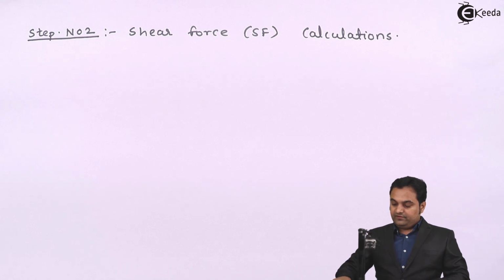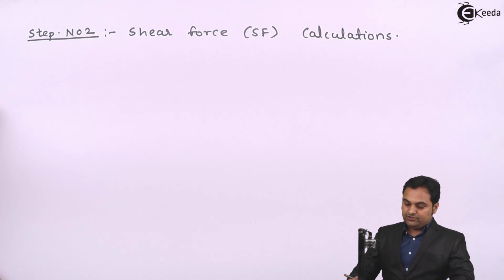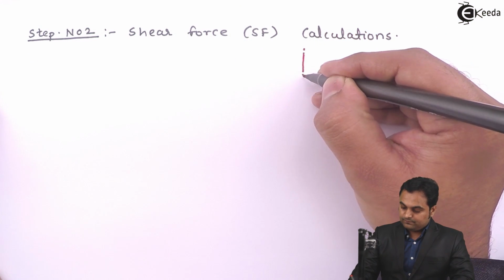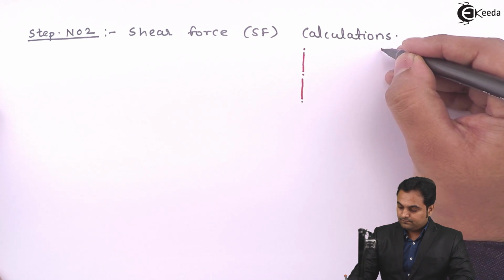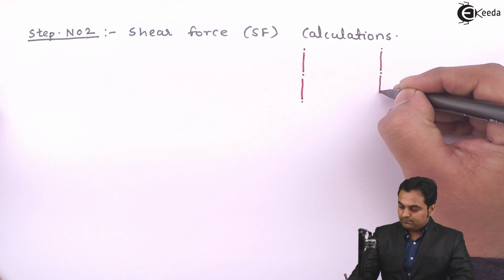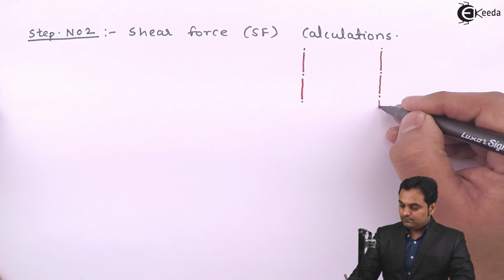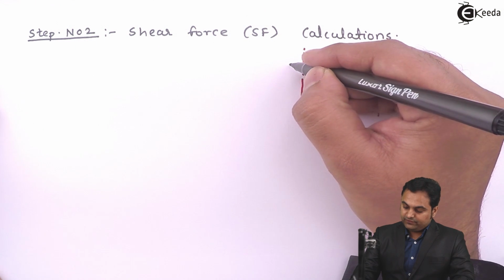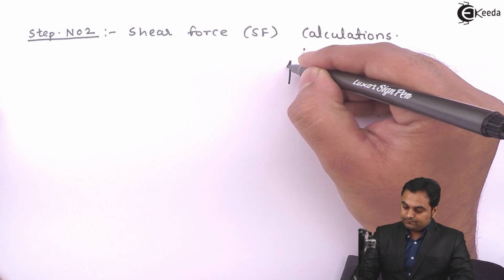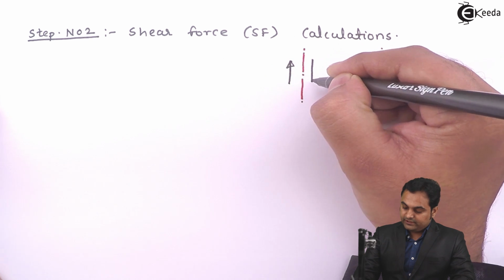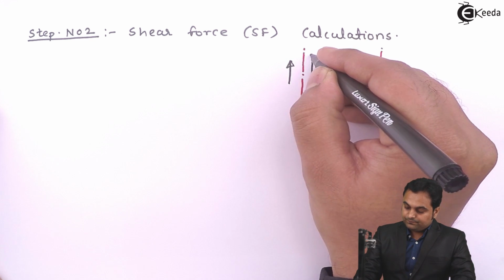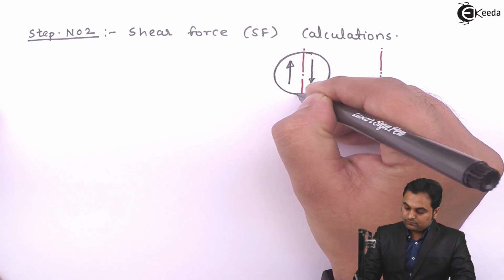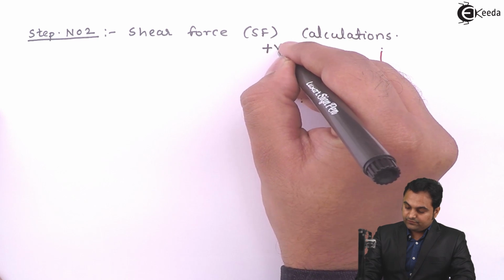Now before we go on to SF calculation, we need to have sign convention. So now, upward force to the left of the section, downward force to the right of the section, both are positive.